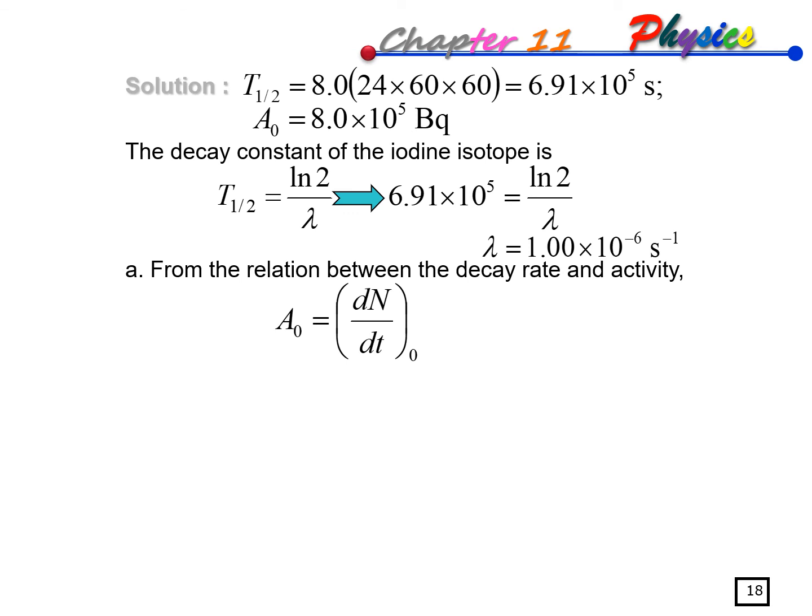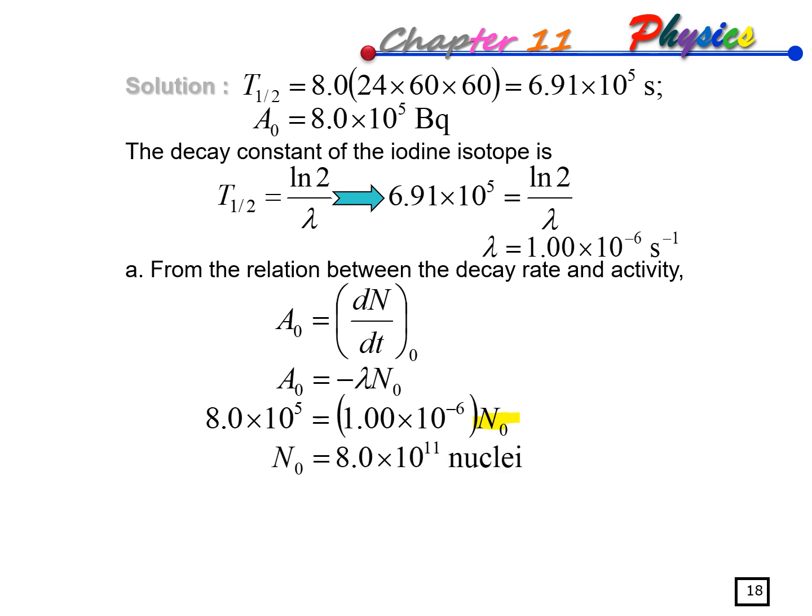From the decay relationship, the activity will be equivalent to the decay constant times N naught. The required activity is already given, and the decay constant is given, so we need to determine the amount of nuclide, or the atoms, required to produce this amount of activity.